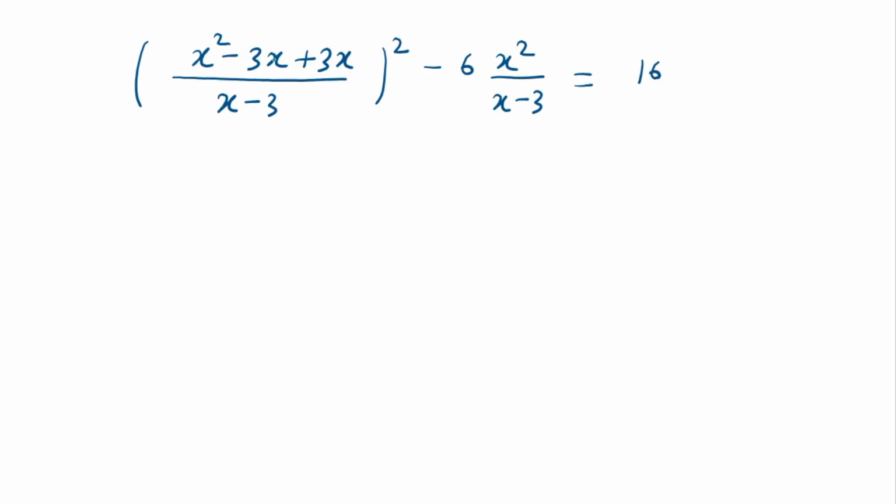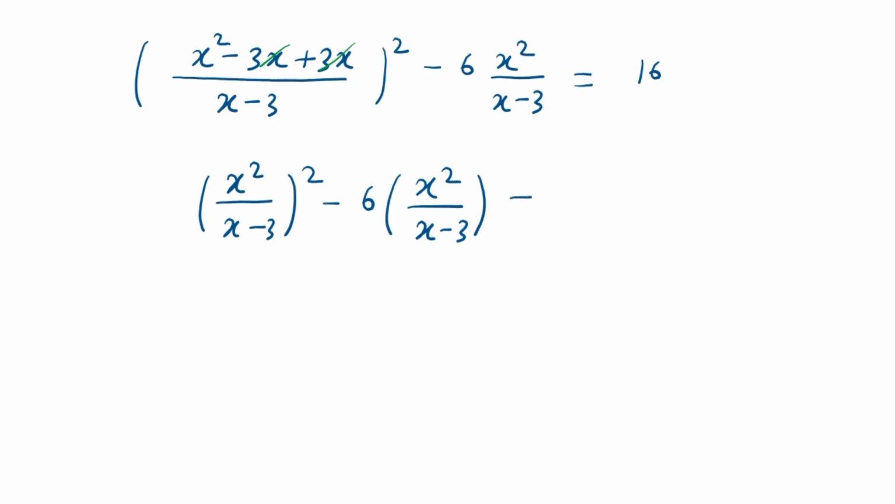Now −3x and +3x cancel each other out. Then here (x²/(x−3))² − 6x²/(x−3) = 16.